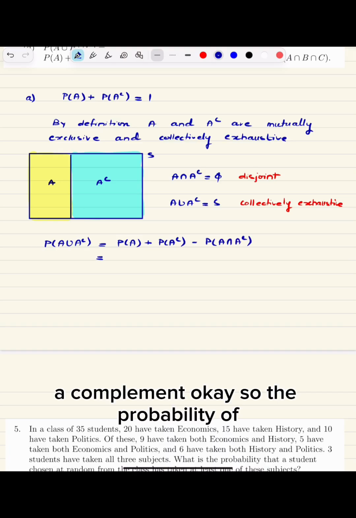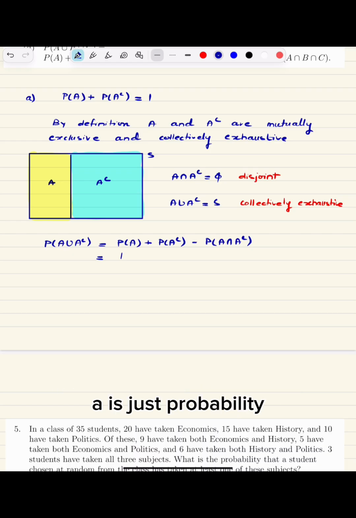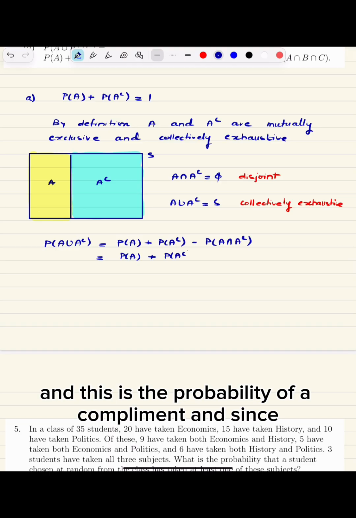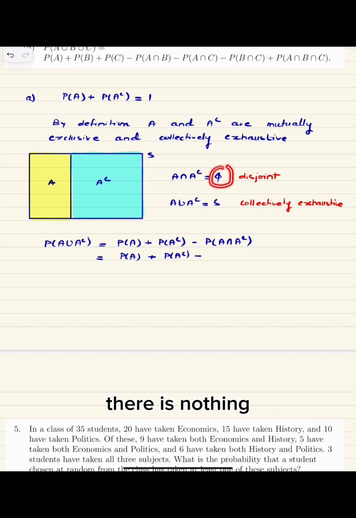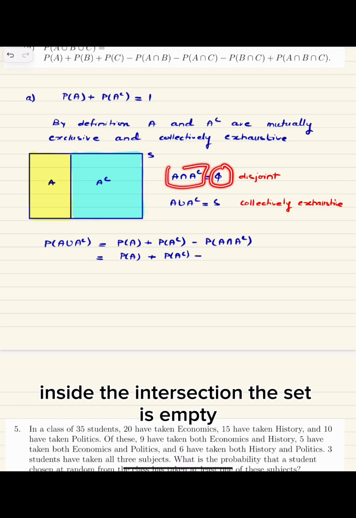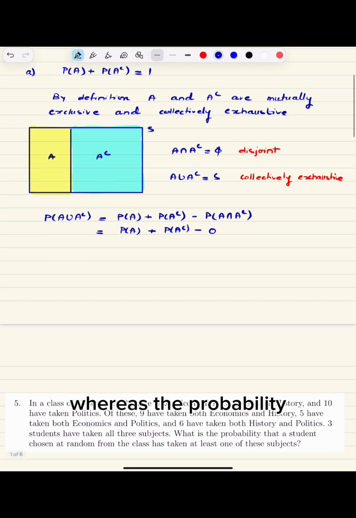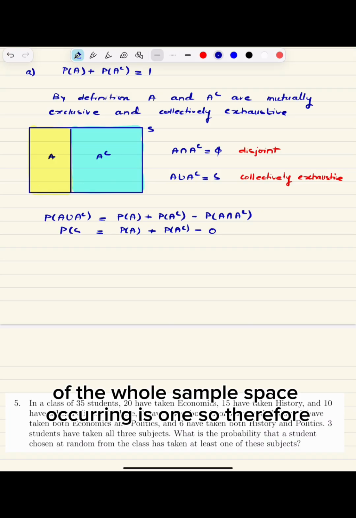Since there is nothing inside the intersection, the set is empty, so the probability of an empty set happening is 0, whereas the probability of the whole sample space occurring is 1.